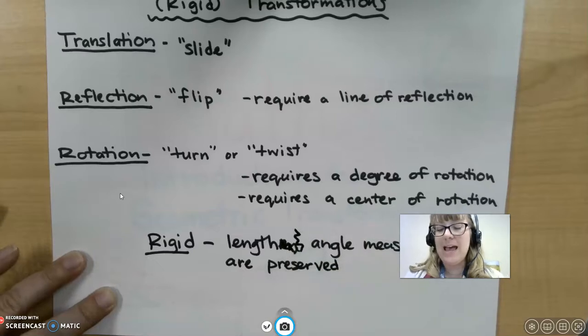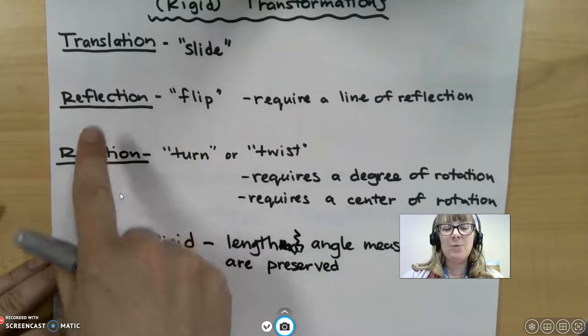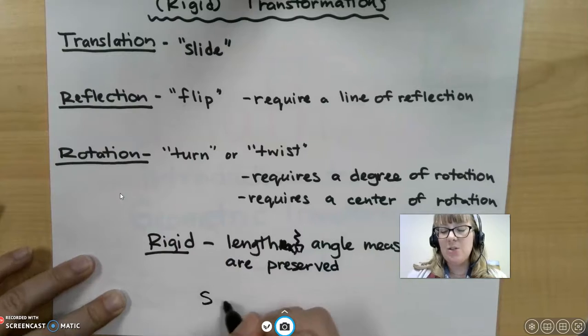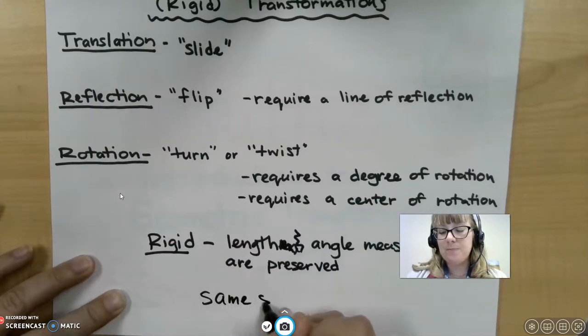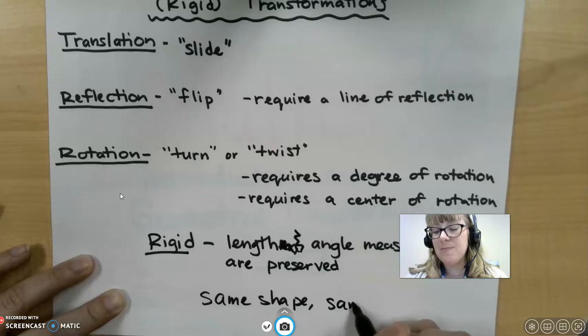Length and angle measure are preserved. That means when I perform a translation, reflection, or rotation, it's going to be the same shape and the same size. It might just be in a different position.